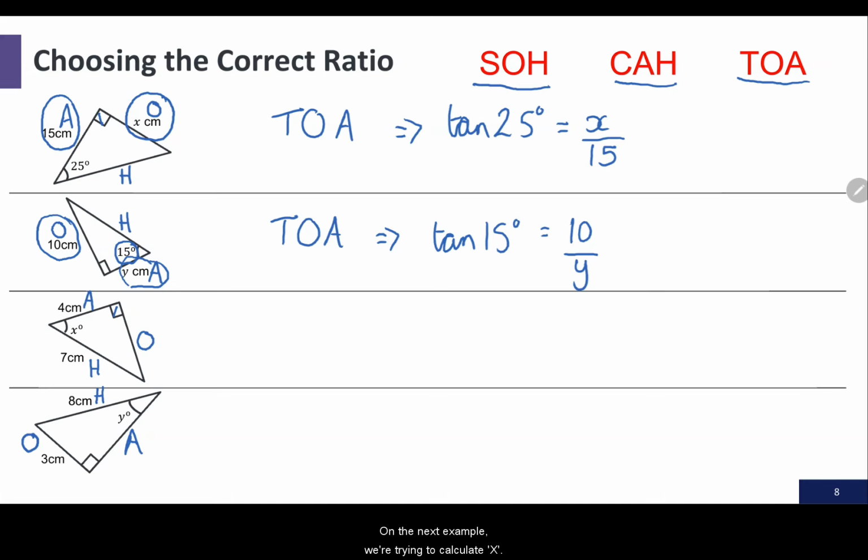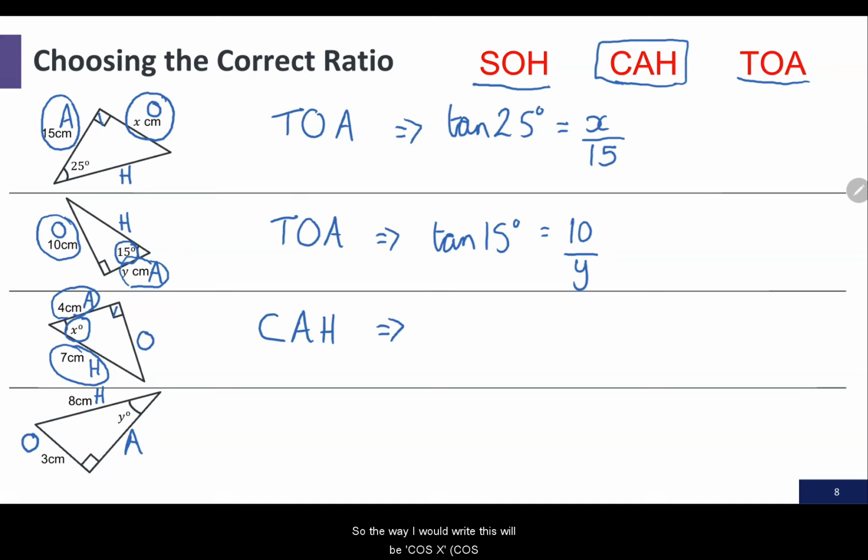And the next example, we're trying to calculate x, so this time it's an angle. We know the value of A, and we know the value of h. So looking at the acronyms at the top, we'll be using CAH because we know the adjacent and we know the hypotenuse.